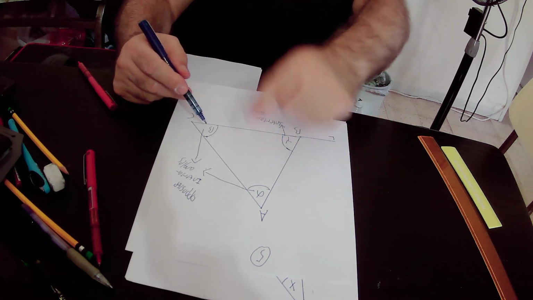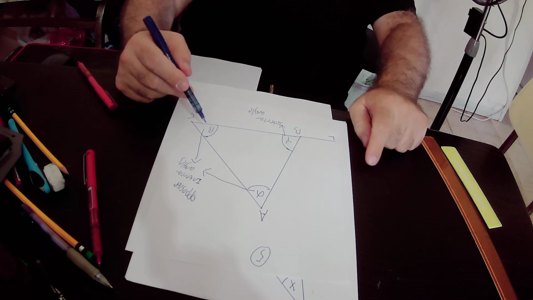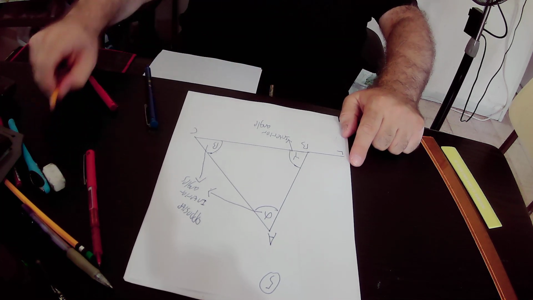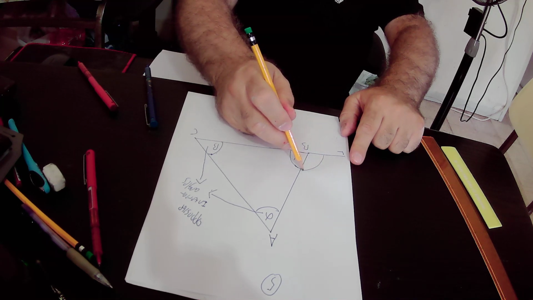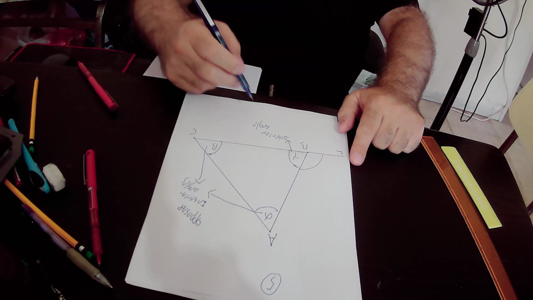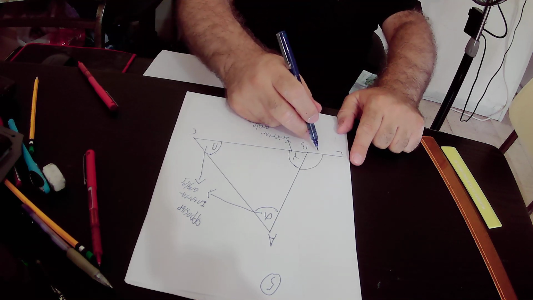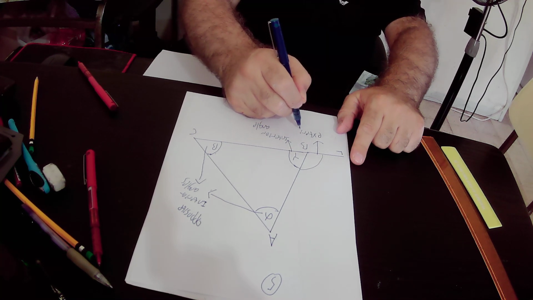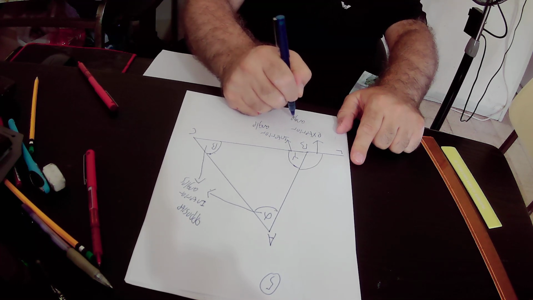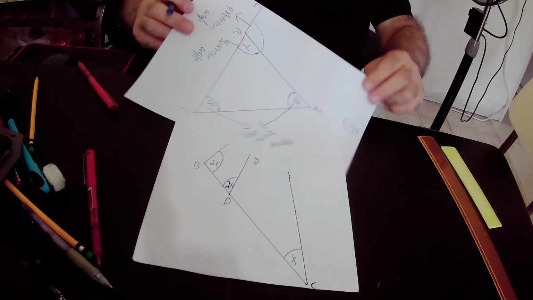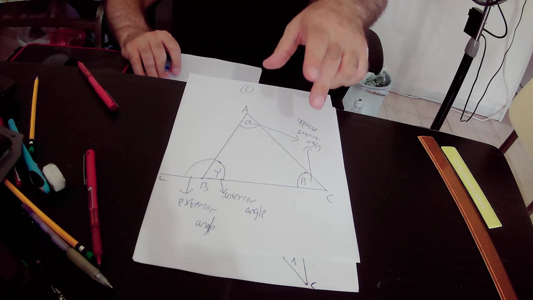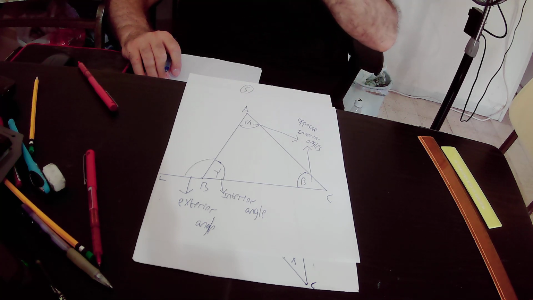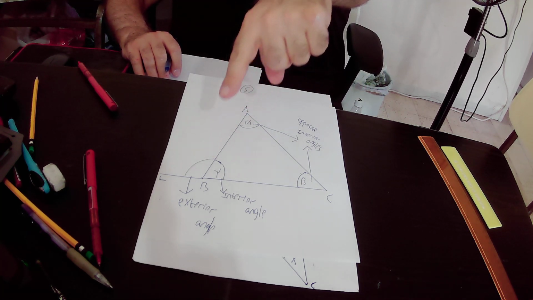Angle alpha and beta are opposite interior angles, and angle ABL, this angle, is defined as the exterior angle.